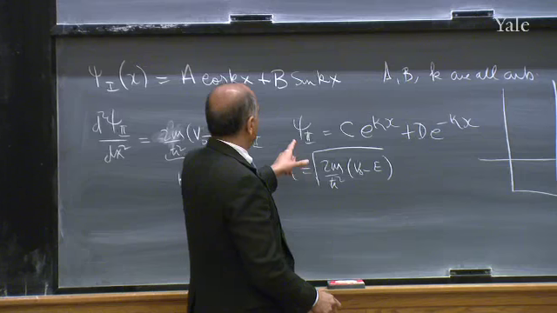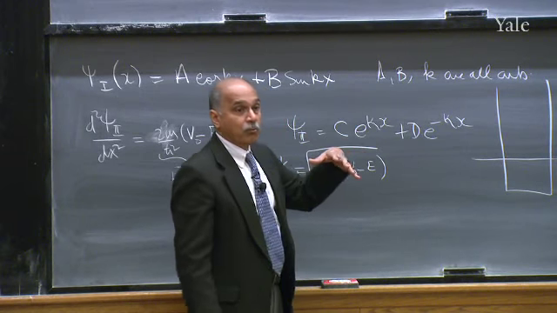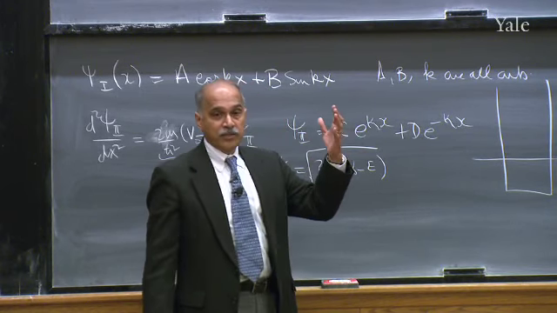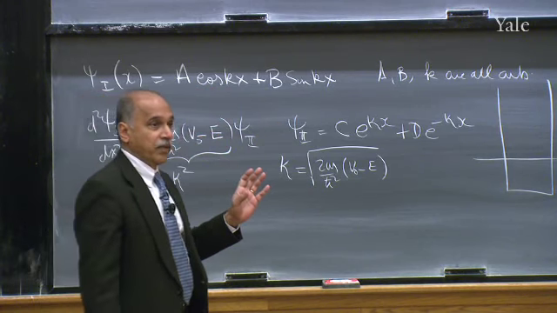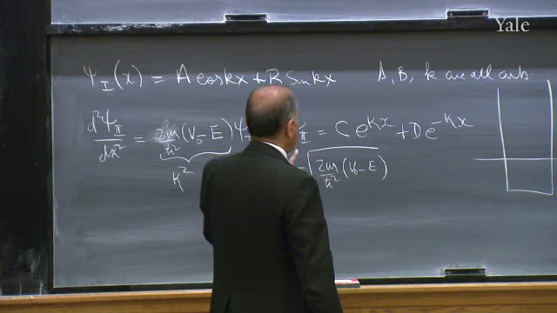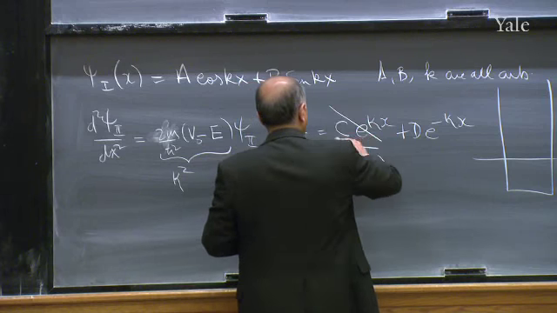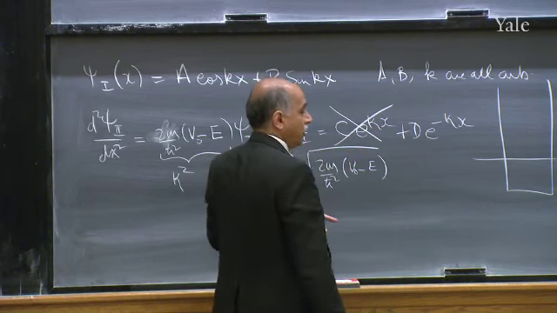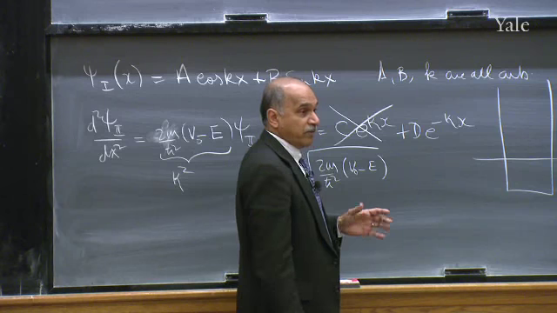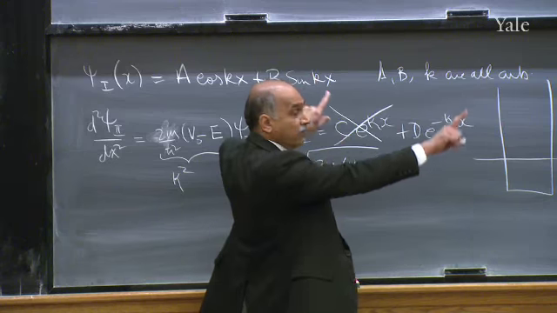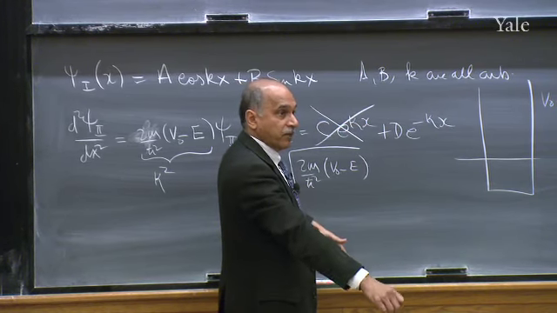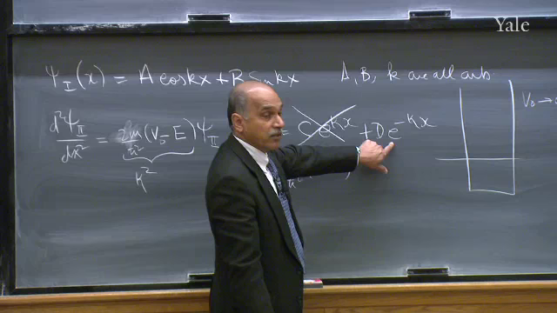Furthermore, the square of psi can never be normalized to 1, because for an exponentially growing function, the area under that is exponentially large. There's no way to fix that. So on physical grounds, we drop the solution, because we don't have to pick c to be non-zero. We have the freedom, and the physical condition tells you no one wants a function growing at infinity. We want functions falling at infinity. This is the only function that falls at infinity.